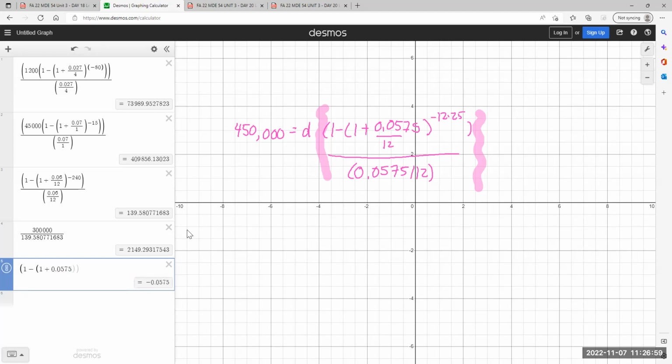I also like this because I can arrow to the right to get out. Now, when I do this piece, I've got to put this negative 12 times 25 in parentheses and then arrow out. And I have to put it there because it doesn't know that you want to do that.